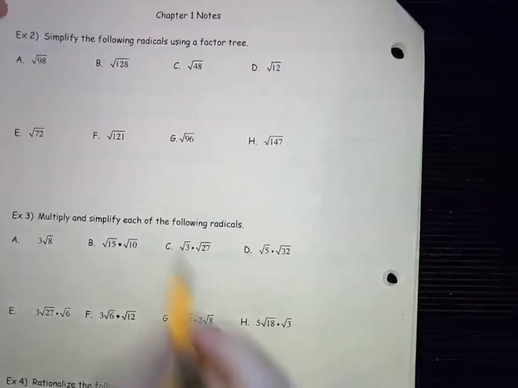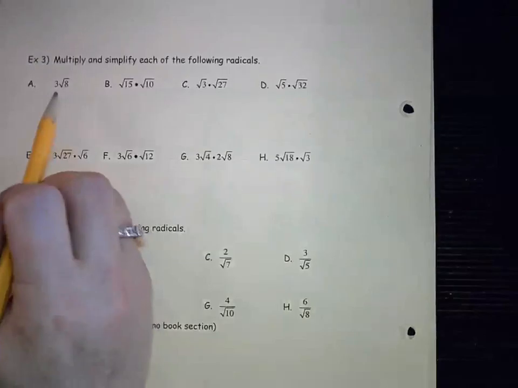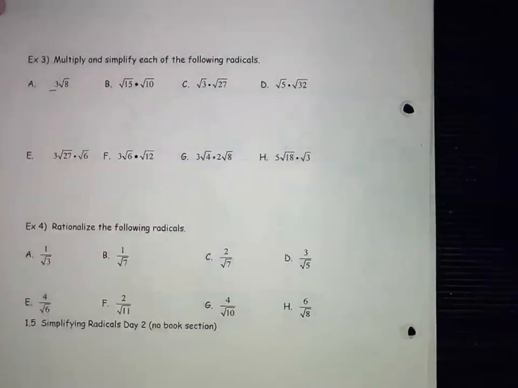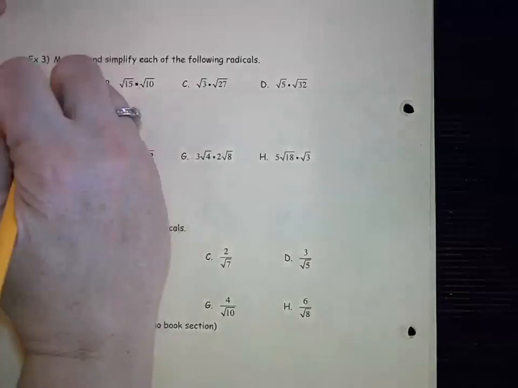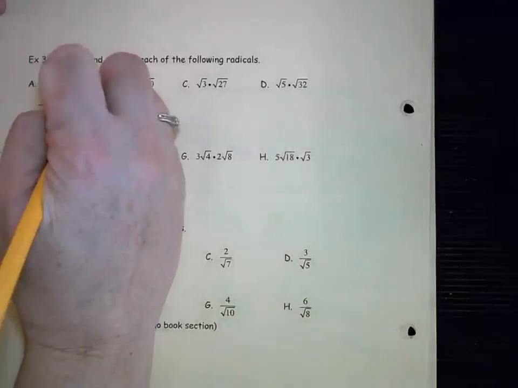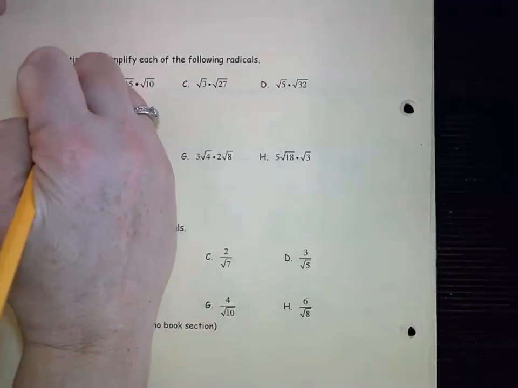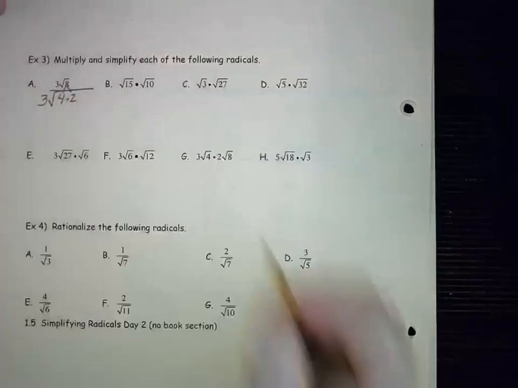Same thing here on the back page, and I'm going to skip ahead to number 3. Now with number 3, we have a number out in front, and we treat things exactly the same. That 8, I'm going to break down into a 4 times 2.